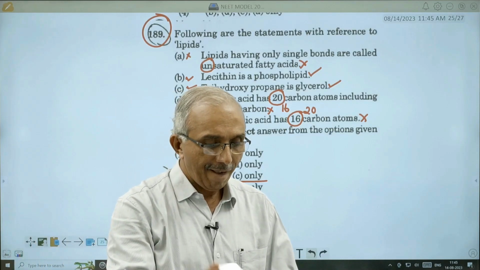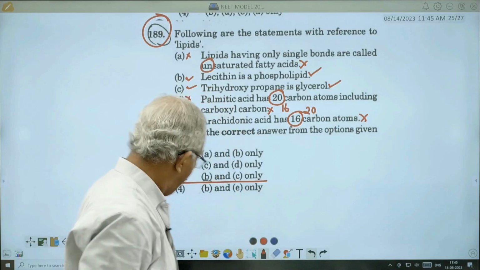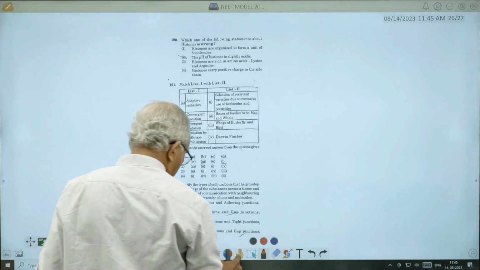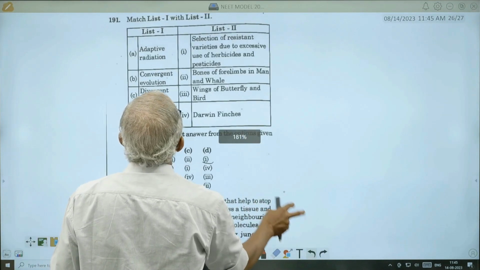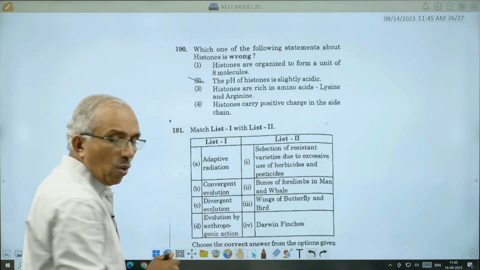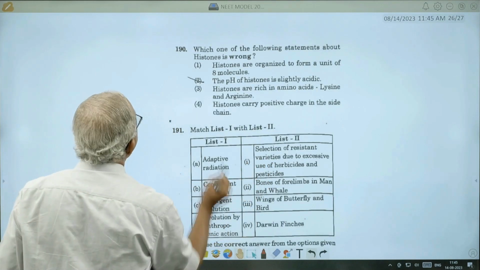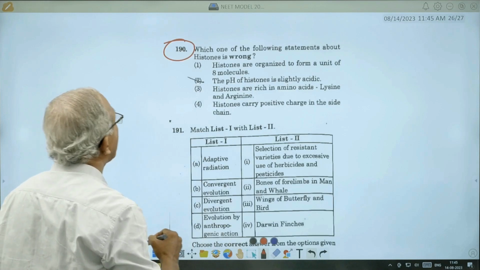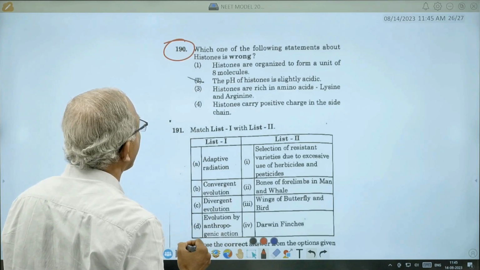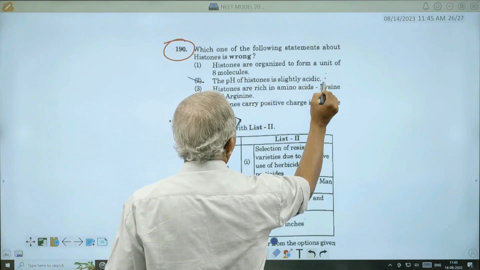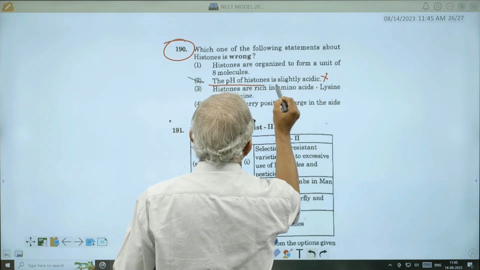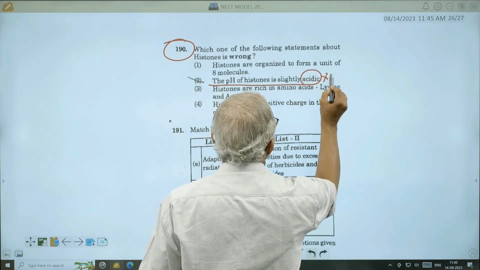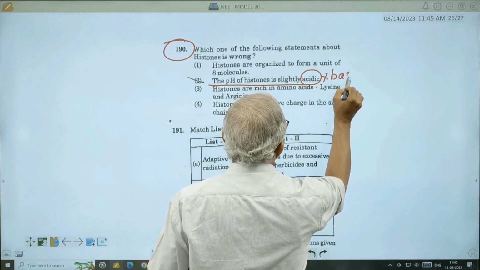190. Which of the following statements about histone is wrong? This is wrong. pH of histone is slightly basic.